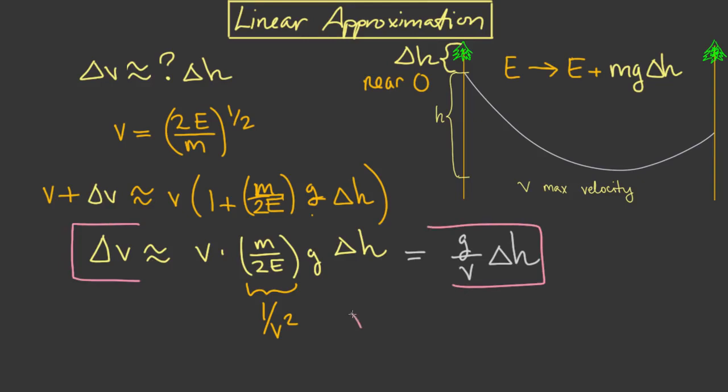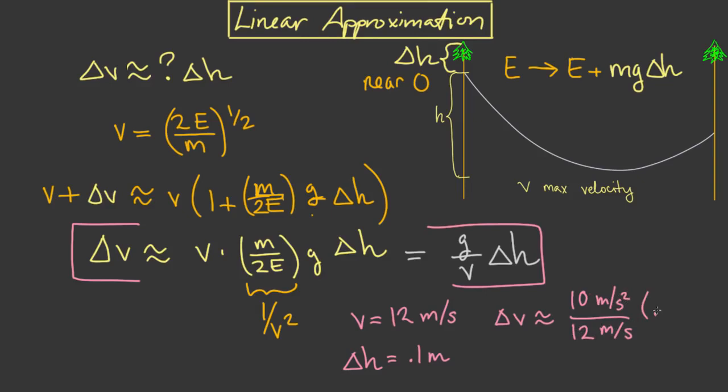For example, if the maximum velocity of a rider is 12 meters per second, and then I change the total height of the ride by 10 centimeters or 0.1 meters, then the change in the maximum velocity is going to be approximately equal to 10 divided by 12 times 0.1, or 1/12 meters per second, which is approximately equal to 0.08 meters per second.